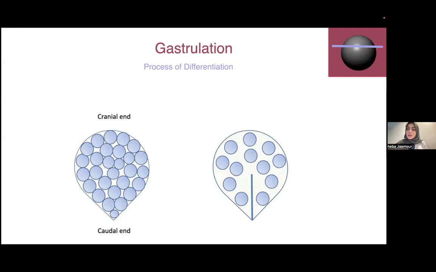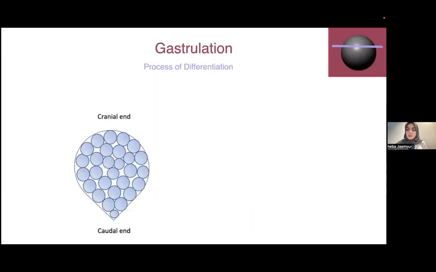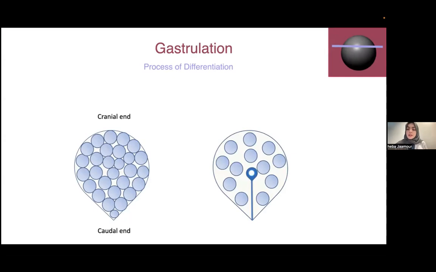Then the primitive streak, primitive node, and primitive pit form. Then the cells start falling down in a process called invagination. The cells that fall down into this pit form the mesoderm and endoderm. However, the cells that stay on top form the ectoderm.